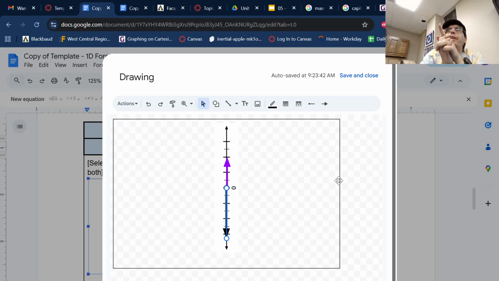No. How do we know the acceleration is not going to be 0? If the acceleration were 0 and their velocity was 0, what would happen to them? What would happen for their motion? What's that? They wouldn't move, right?